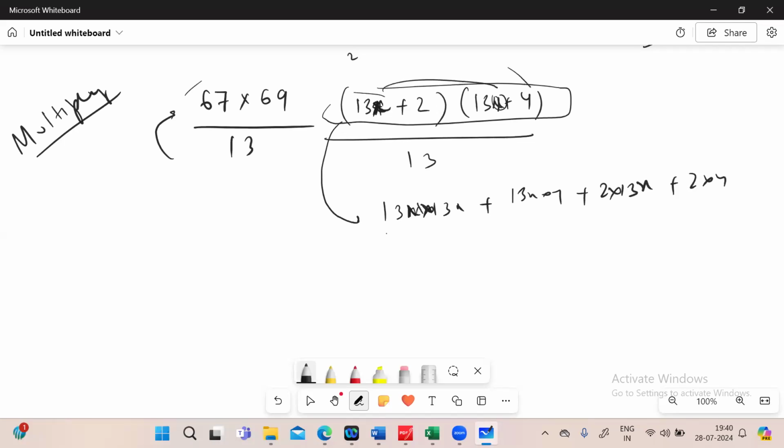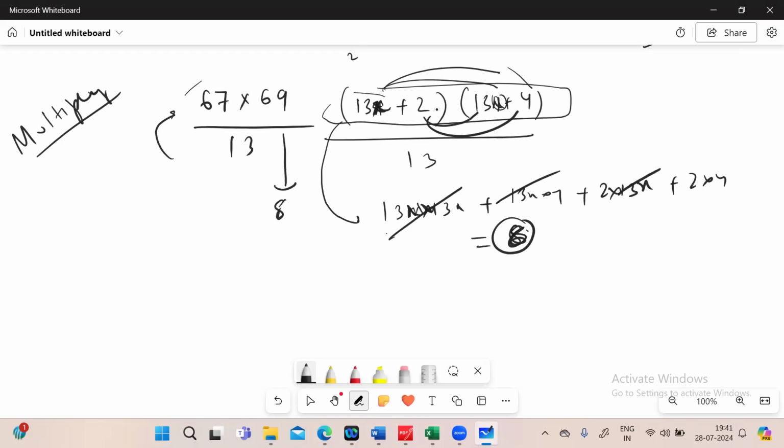So the only term which is free from 13 is 8. So the new remainder will be 8.